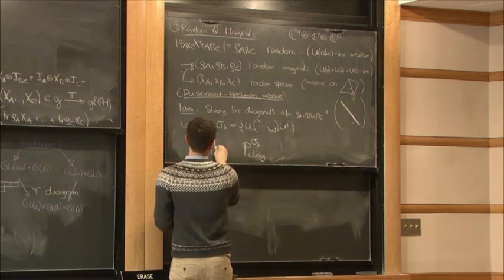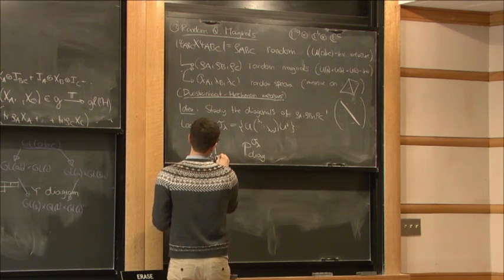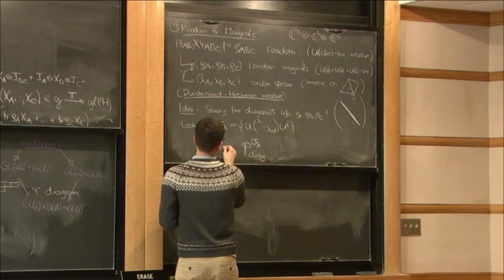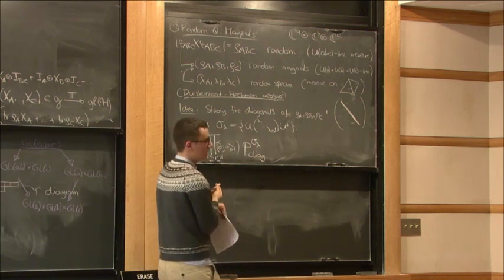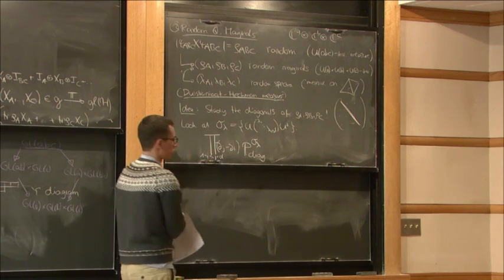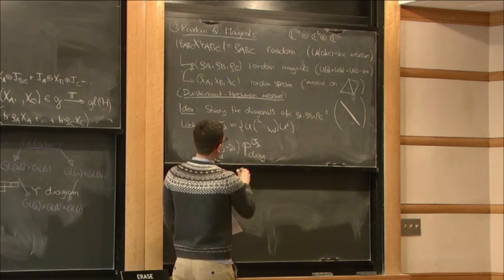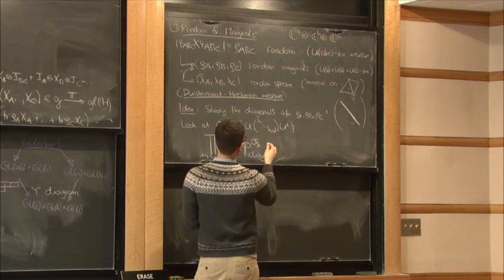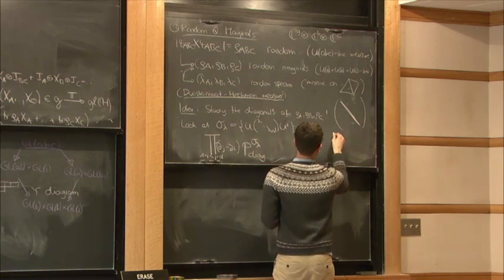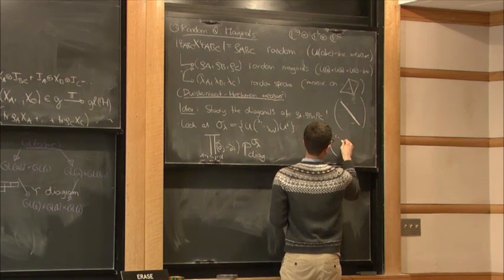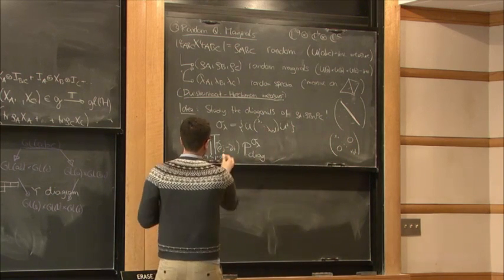Maybe I should write this down. You take the sum over all i smaller than j between 1 and d of the derivative delta j minus delta i, in the distribution sense. Here the coordinates are x1 to xd, and I only look at the diagonal entries, so the off-diagonal ones are zero.